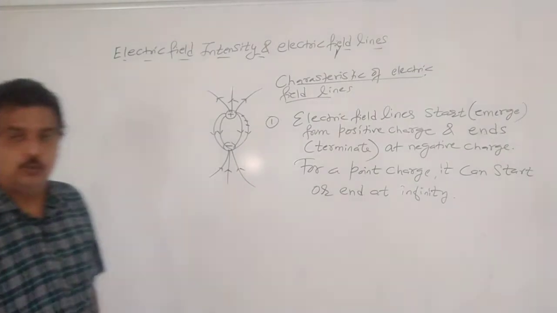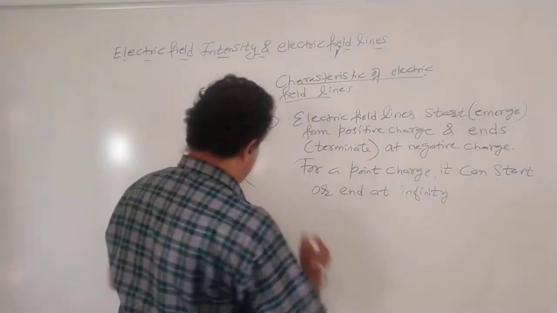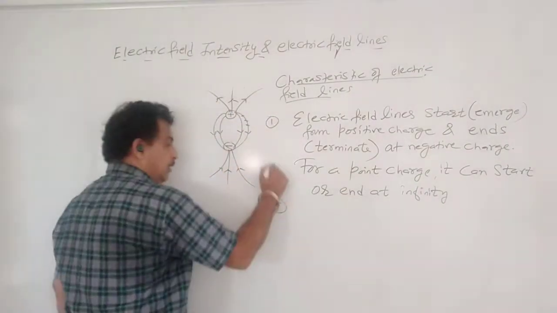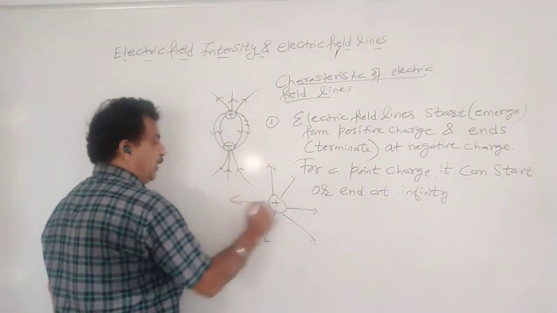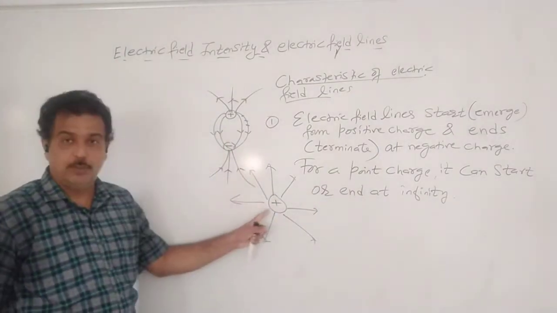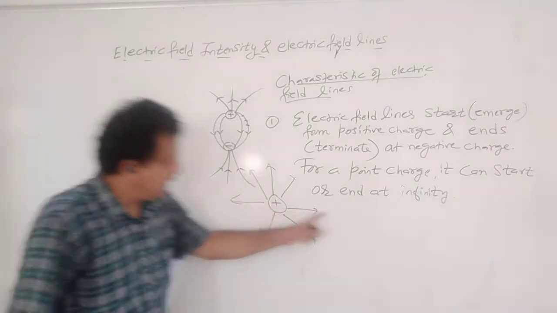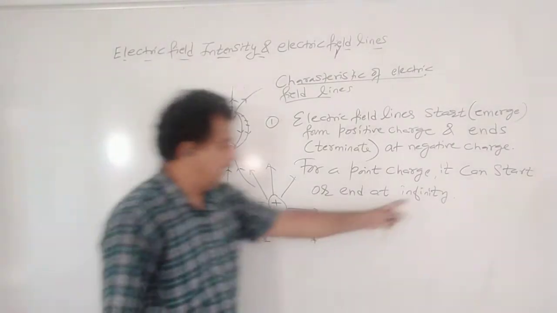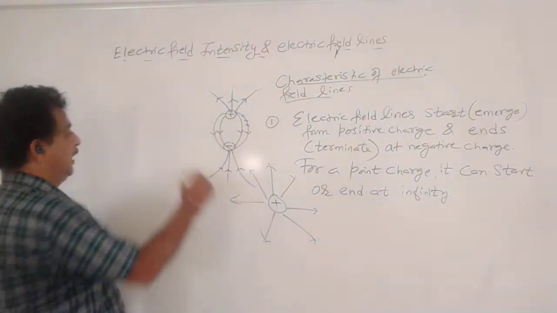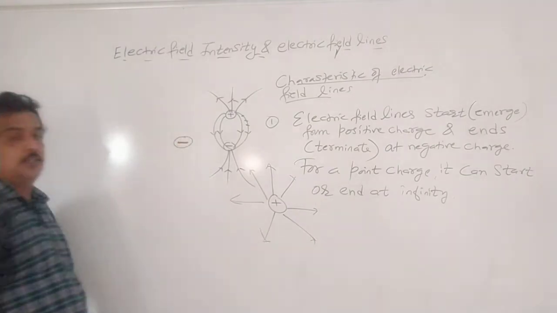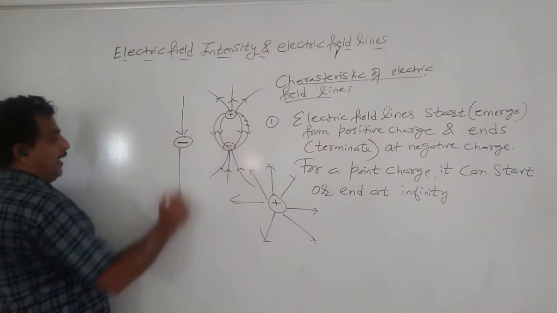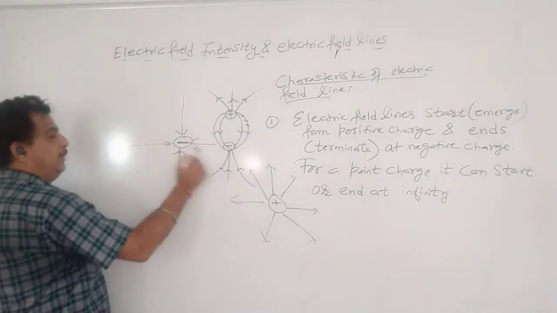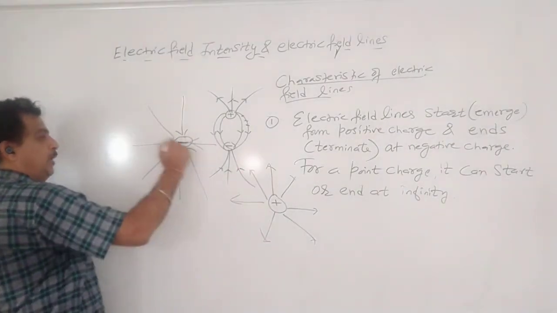अगर सिंगल पॉजिटिव चार्ज है, अब सिंगल पॉजिटिव चार्ज की फील्ड लाइंस कैसे बनाई थी? रेडियली आउटवर्ड. This is radially outward. So it has started from a positive charge, but where it will end? So we assume it will end at infinity. Similarly, if I draw a source charge to be negative, single negative charge, so all the field lines should end or terminate at the negative charge. ये terminate हो रही negative.